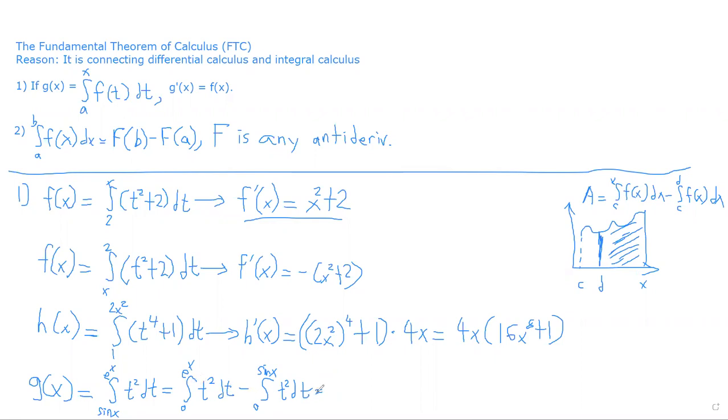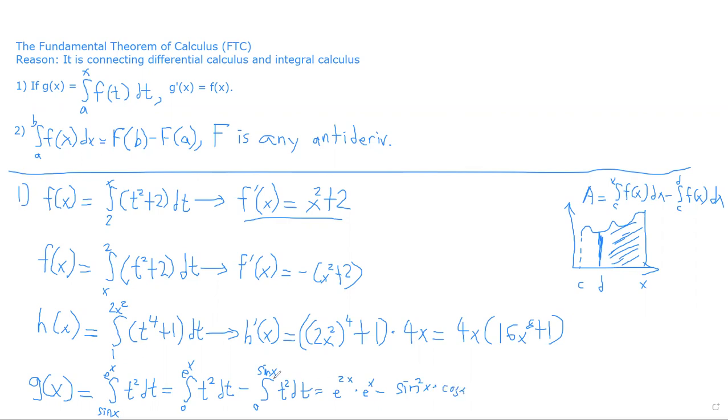So here, substitute e to the x directly in t, so that's e to the 2x times e to the x, because remember the chain rule, minus sine squared x times cos x.